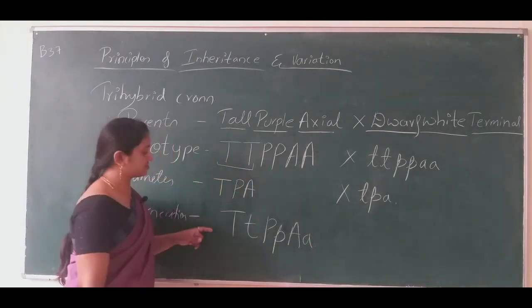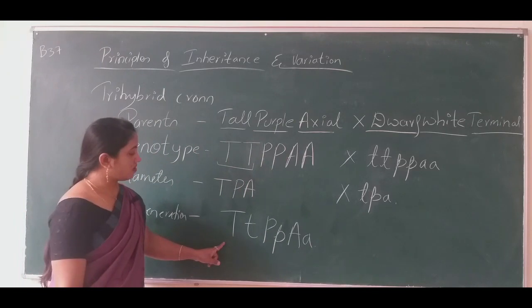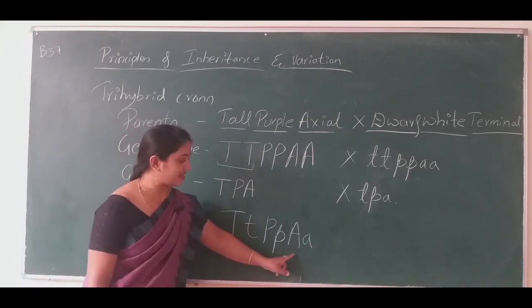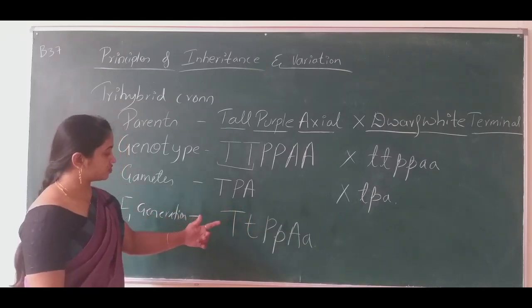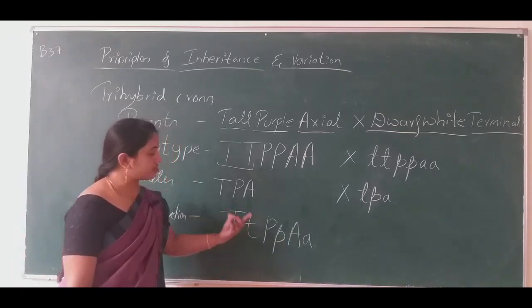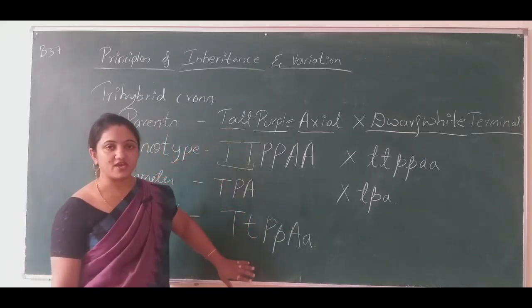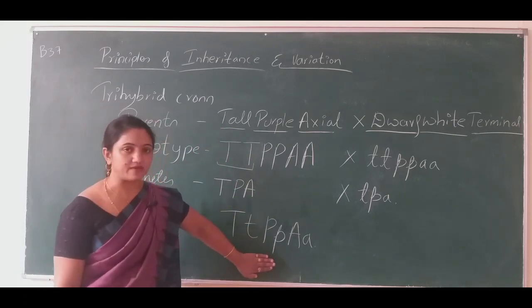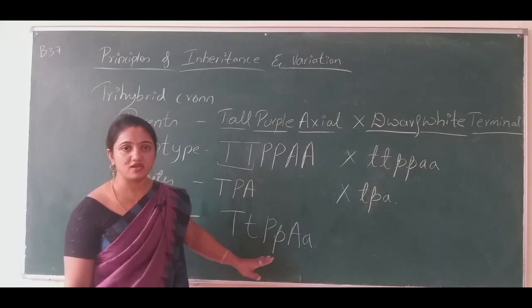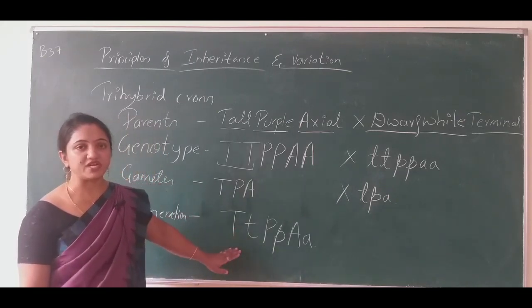all the offspring will be tall, purple and axial character plants. So the same character plant we got in the F1 generation also, but look at the genotype. It is not a pure line or a true breed.